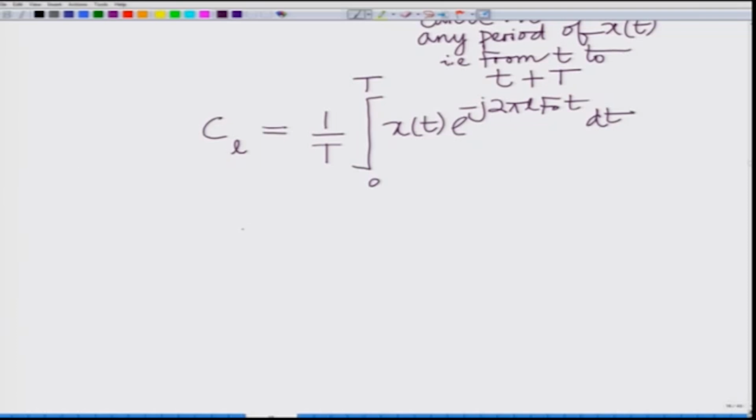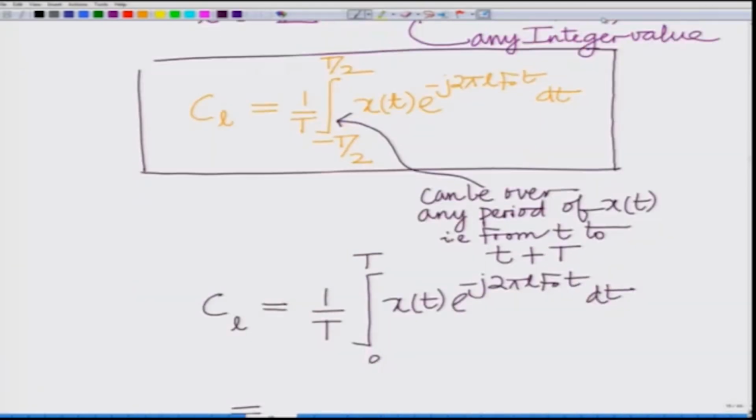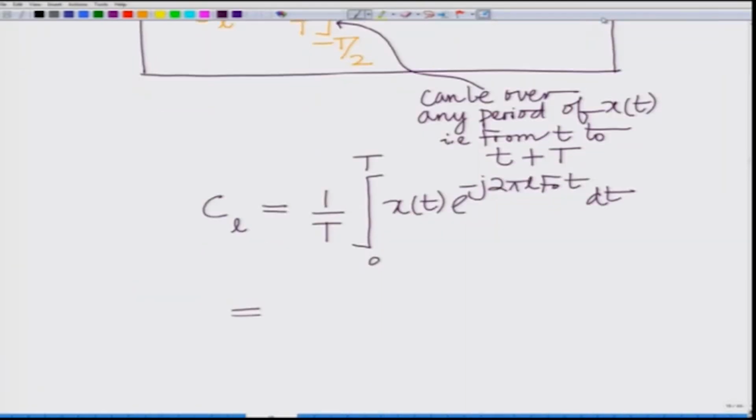Now, remember our signal is a pulse of width T by 4, and let us make the pulse height A, so this is A for 0 less than or equal to t less than or equal to T by 4.